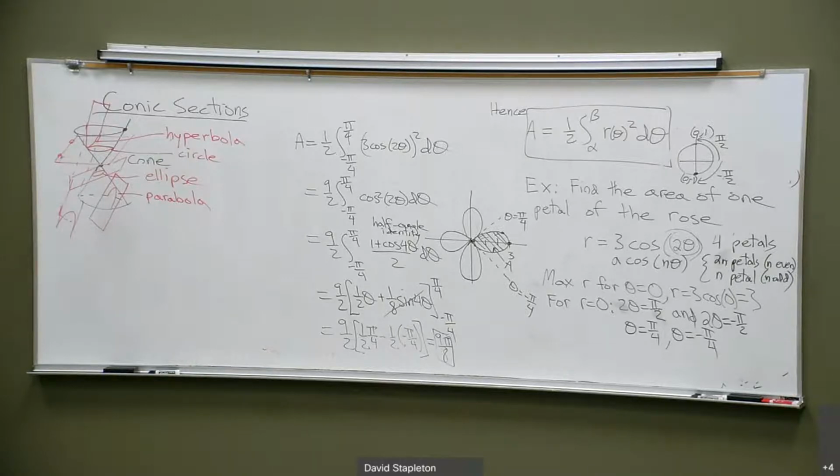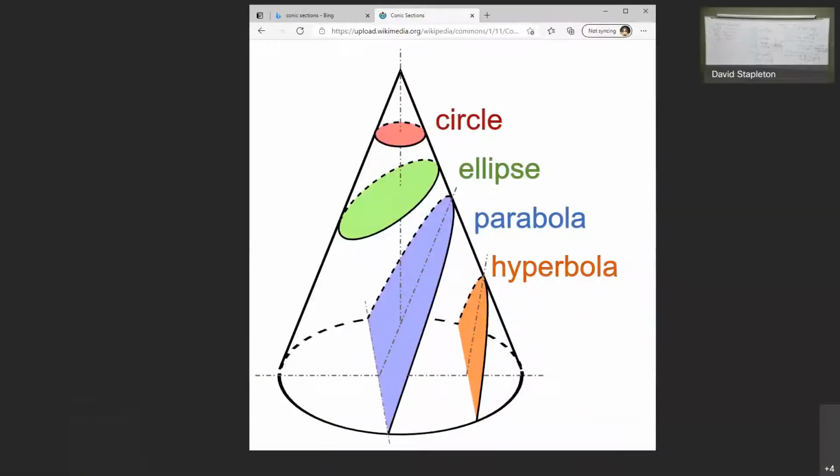Hope this is going to work. Can you see the parabola, the conic sections there? Volume's turned way down.